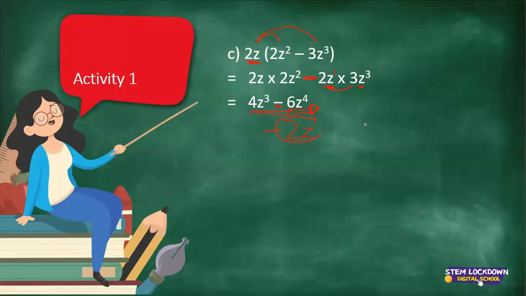For example, if you had z to the power 3, divided by z to the power 4, right? This can be written as z to the power 3, because the base is the same, subtract 4, and then your answer will be z to the power negative 1, right?